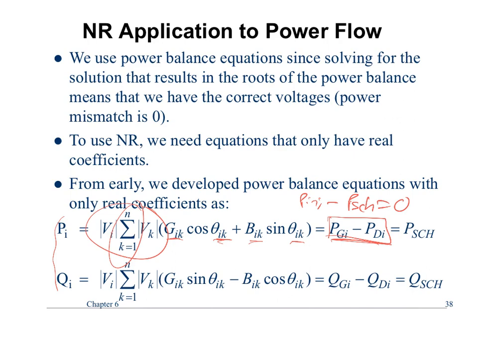So these two equations, again, just to highlight, you get this from Y bus. This and this are your state variables you're solving for, or you know because the bus type is specified.